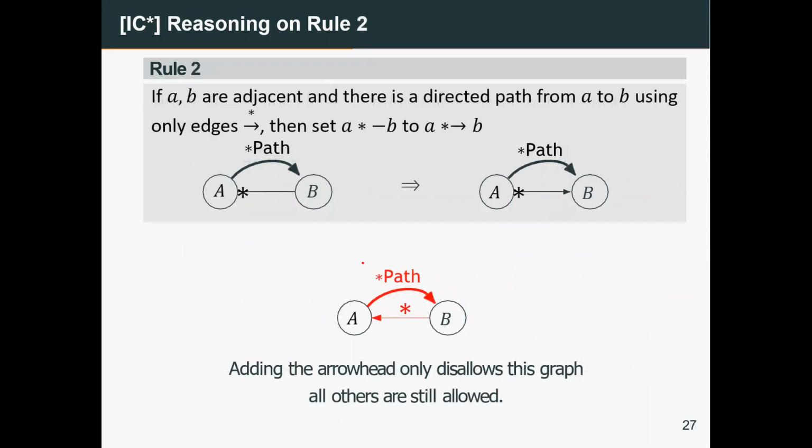For rule 2, the idea is that if we know that A and B are adjacent and there's a directed path somehow from A to B, then what we can say is that this edge A star B must be star arrow B. Basically, we're eliminating the cycle that would appear if we oriented it the other way.